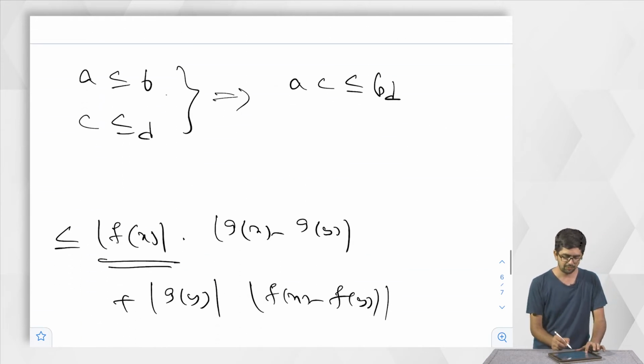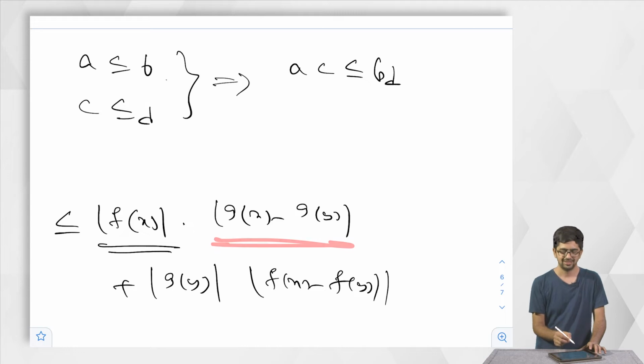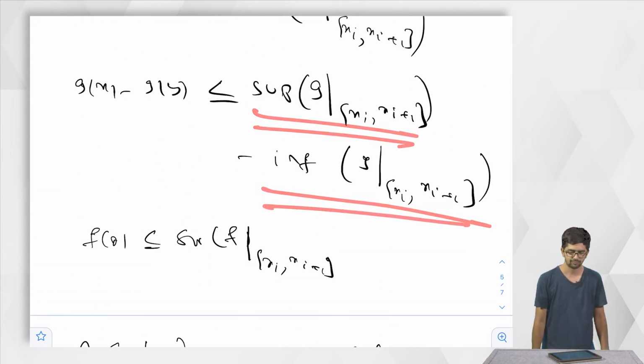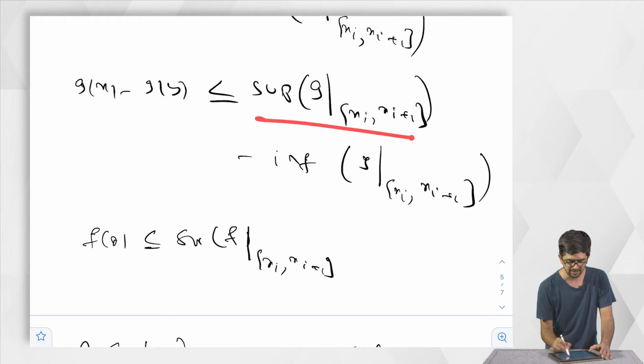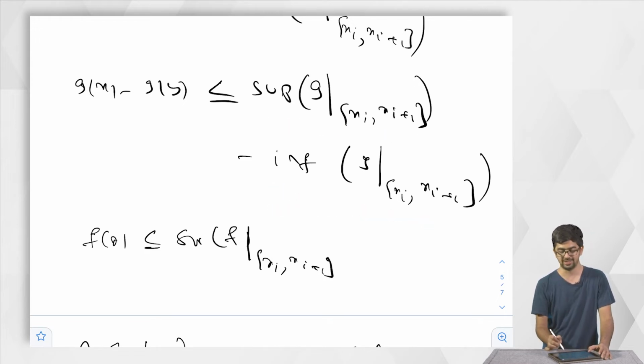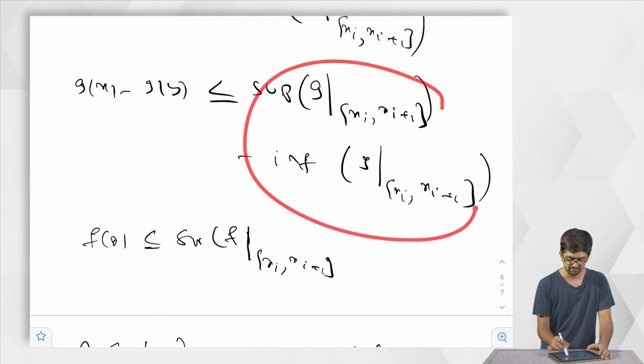So irrespective of whether I take modulus or not, this thing is still less than or equal to this minus this, and this is always greater than or equal to this. So I do not have to put modulus here again, this is already positive.